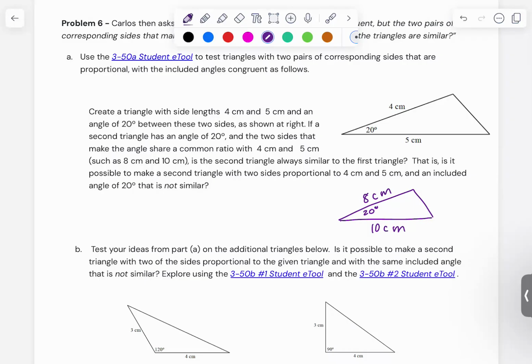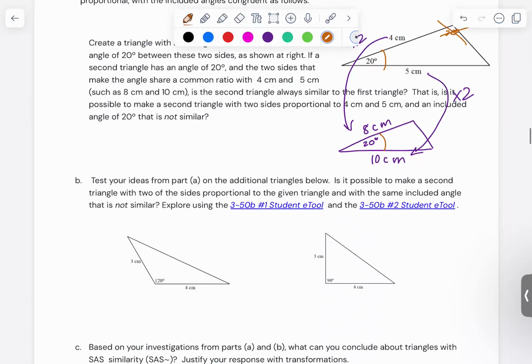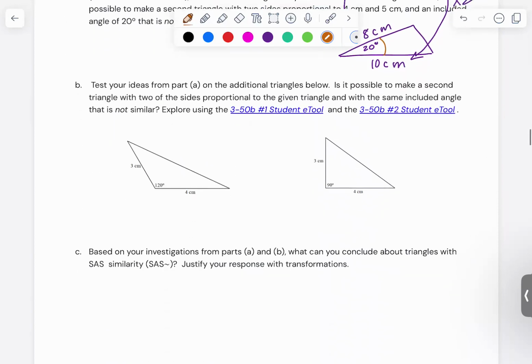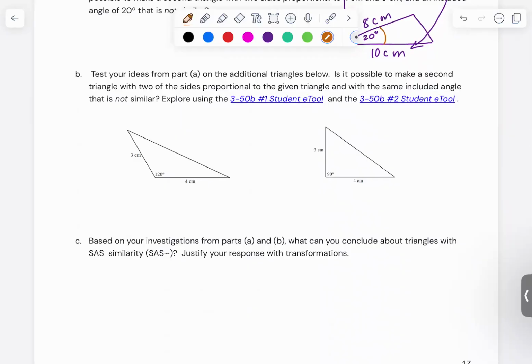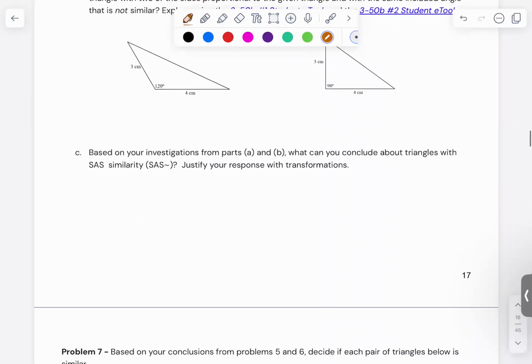Because 4 goes to 8, you're multiplying by 2, 5 goes to 10, you're multiplying by 2, and then they have this common 20-degree angle in between the two sides. So if the 20 degrees was off to here, then this wouldn't work. So again, you would test those ideas in B and C.